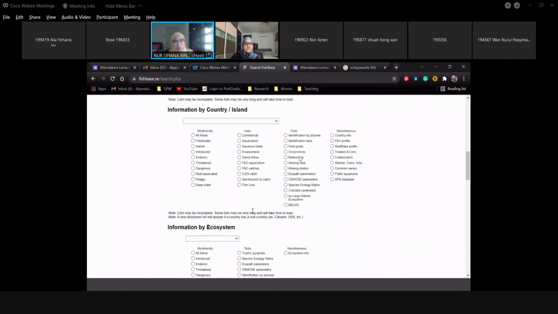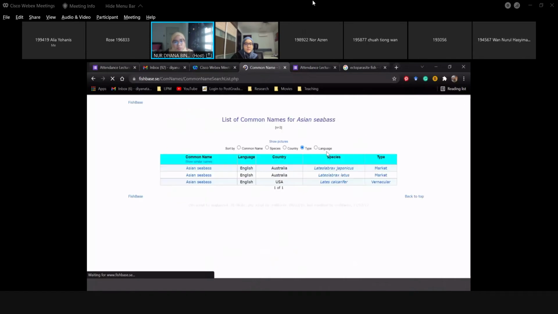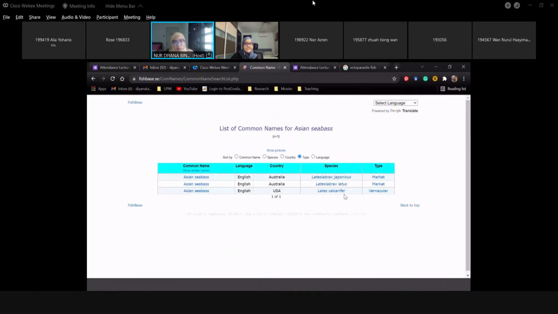I just use the common name. So for Asian sea bass, the one we have here is Lates calcarifer. Anyway, just click any one you like, and then you can see what the differences are.